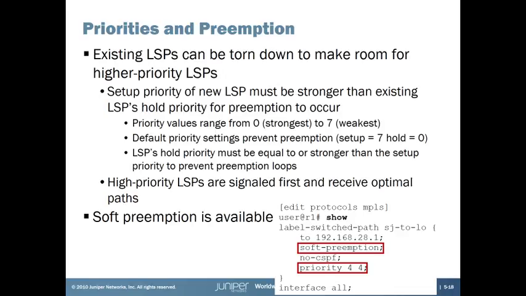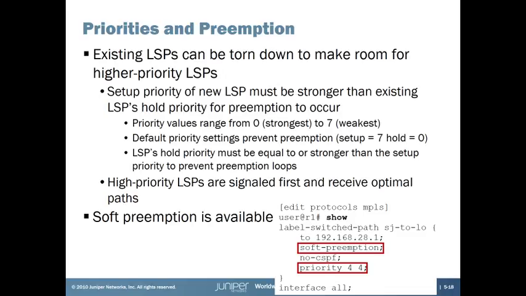What that means is that even though a higher priority LSP could potentially tear down an existing LSP, what soft preemption does is mean that the existing LSP will first be re-signaled on another path before it is torn down. So it will be rebuilt somewhere else, and then it will be torn down.